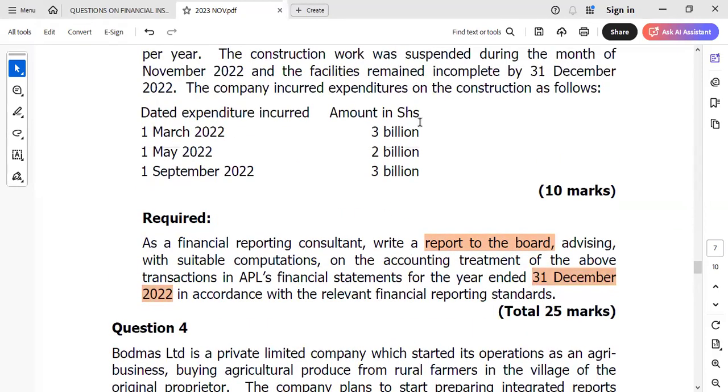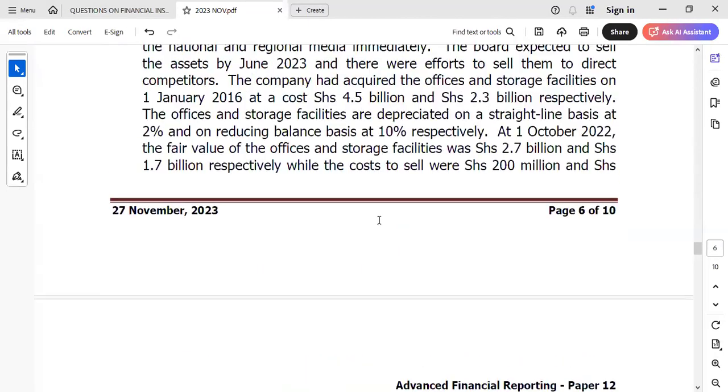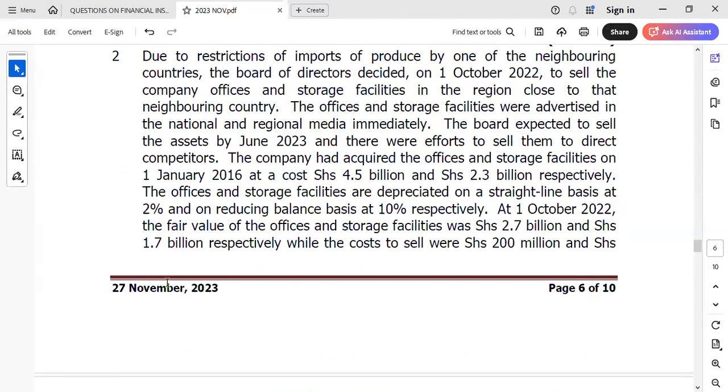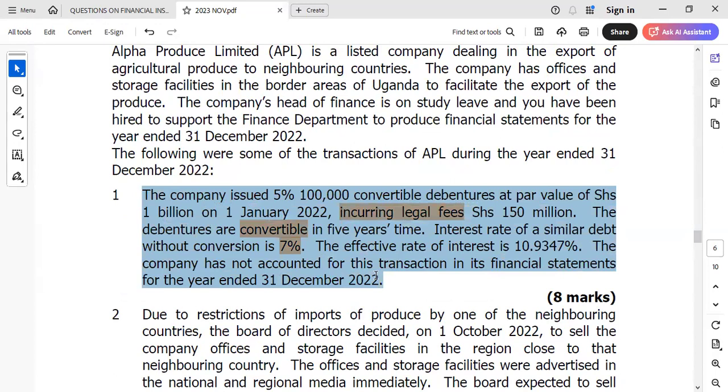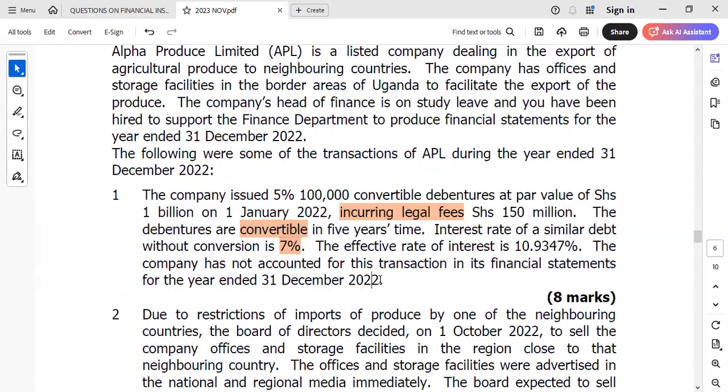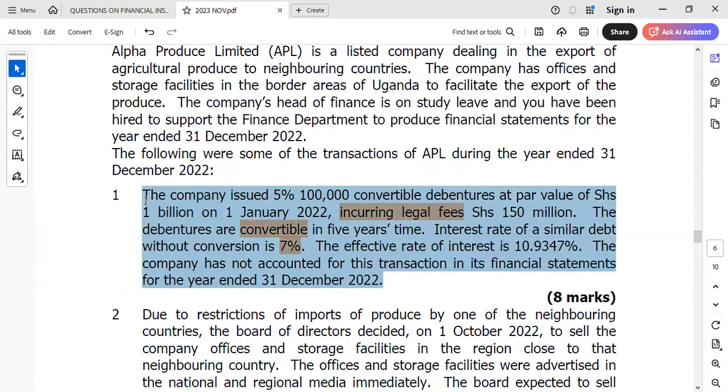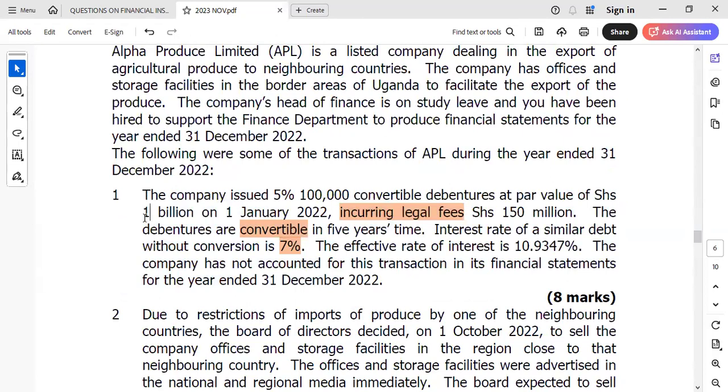When you have not read, you can confuse yourself. Like this one, you can start thinking about IAS 33, earnings per share. If you have not read very well, you can confuse yourself here. But this is not earnings per share.